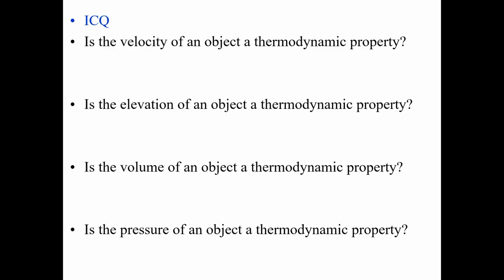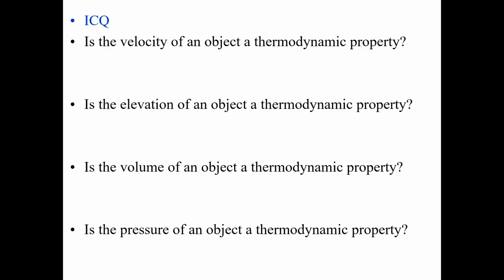But if we change the reference frame, for example, to one fixed to the airplane, from the perspective of a passenger inside the airplane, he or she may feel that the airplane does not move at all. Its speed is 0.